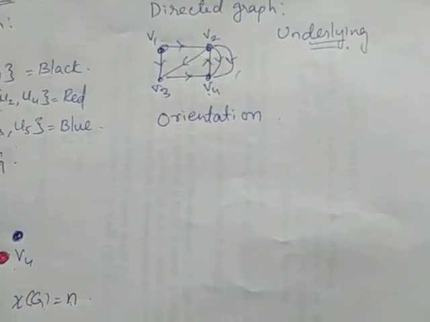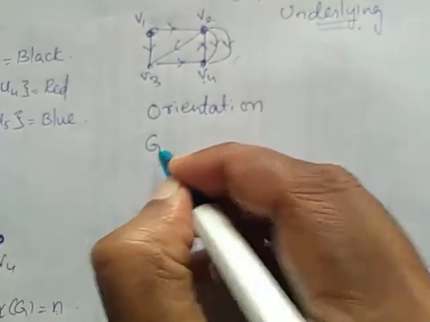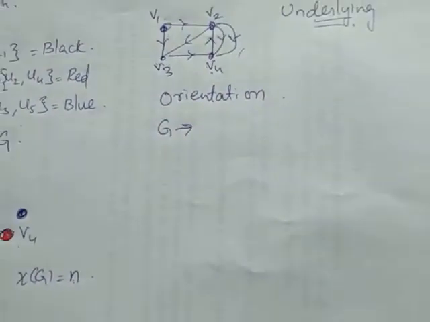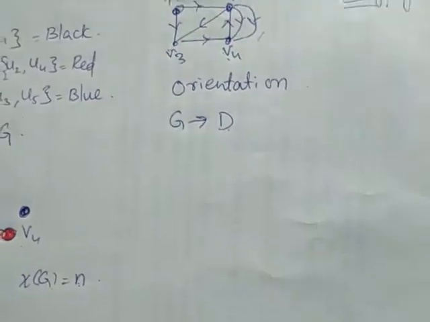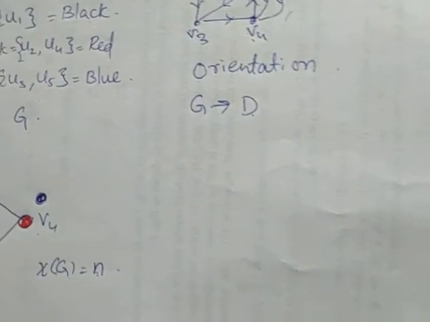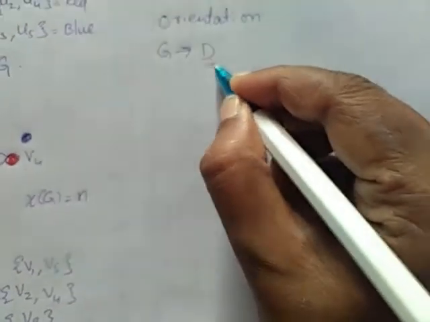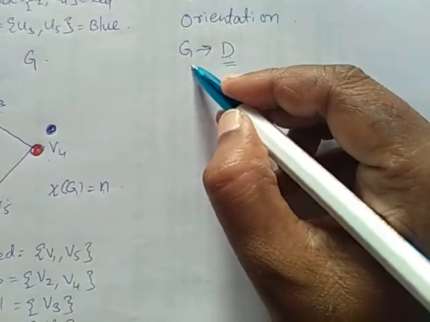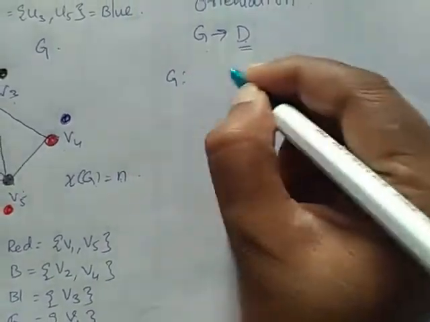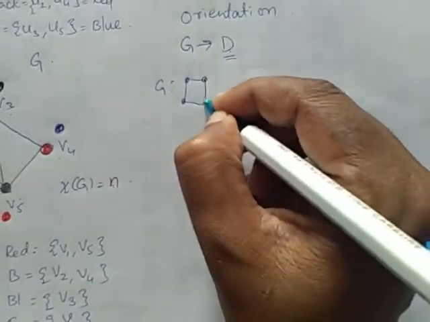If G is the underlying graph of D, if G is the undirected graph of D, and D is the directed graph, then we say D is the orientation of G. See, if G is a graph, this is a graph.